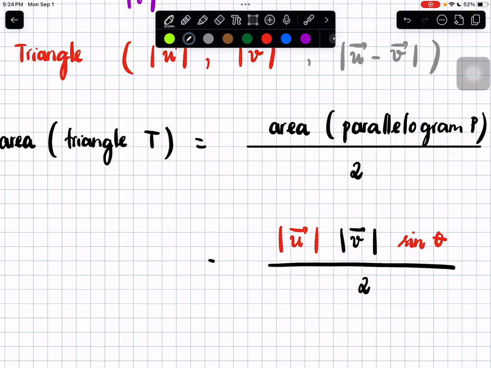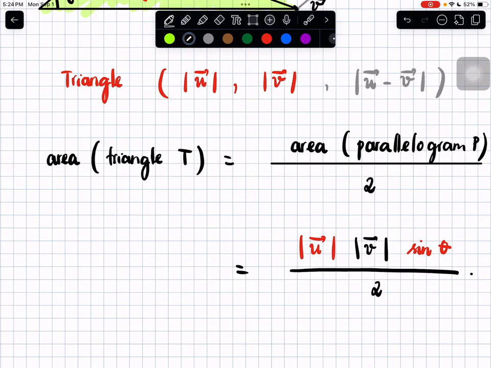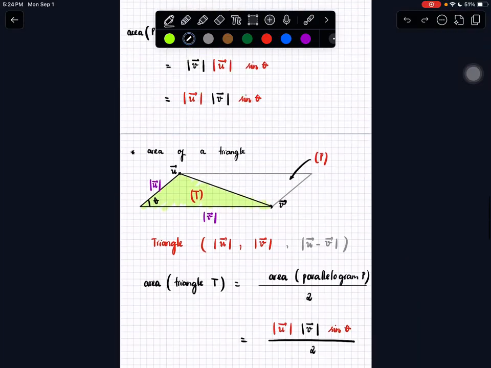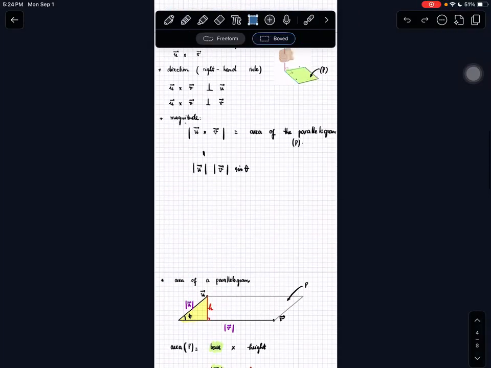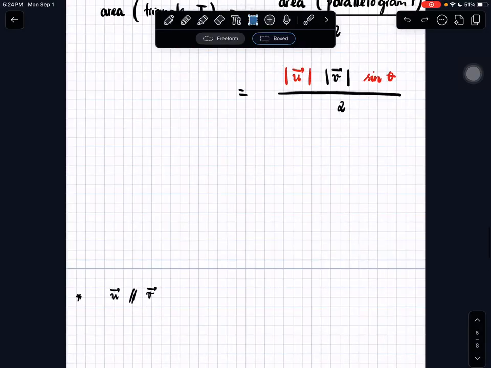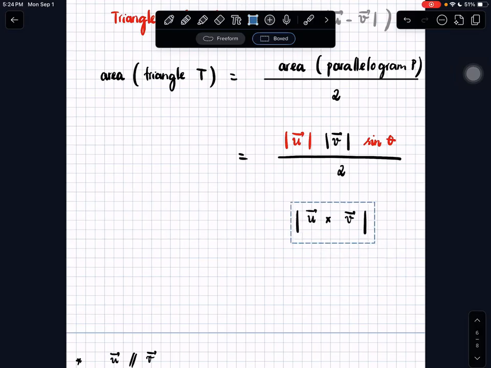This gives us the area of the triangle. So actually you can say that this is the magnitude of u cross v divided by 2.